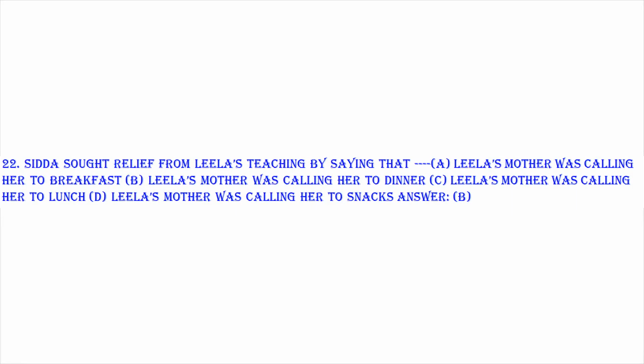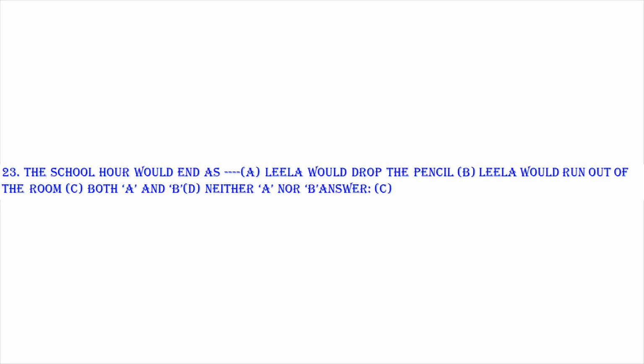Siddha sought relief from Leela's teaching by saying that: A. Leela's mother was calling her to breakfast, B. Leela's mother was calling her to dinner, C. Leela's mother was calling her to lunch, D. Leela's mother was calling her to snacks. Answer, B. 23. The school hour would end as: A. Leela would drop the pencil, B. Leela would run out of the room, C. Both A and B, D. Neither A nor B. Answer, C.